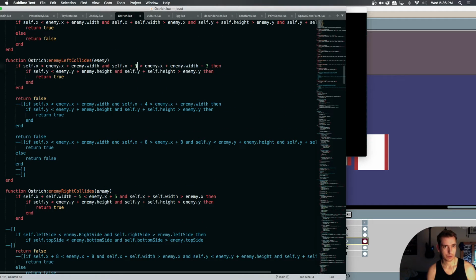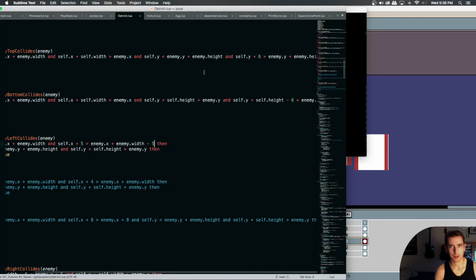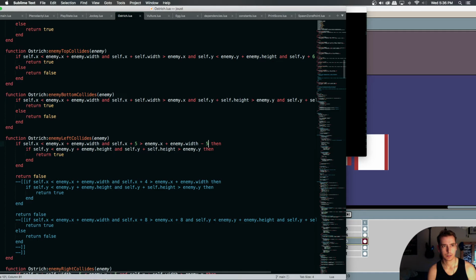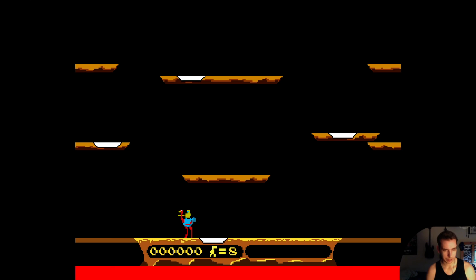I'm gonna try to boost this buffer and see if that helps or hinders us. Because if we look at the top collides, we've got a buffer of +6. So that could mean they're flying through our buffer zone and not detecting the collision until it's a right collision, or vice versa. I feel like the 3, here we go.